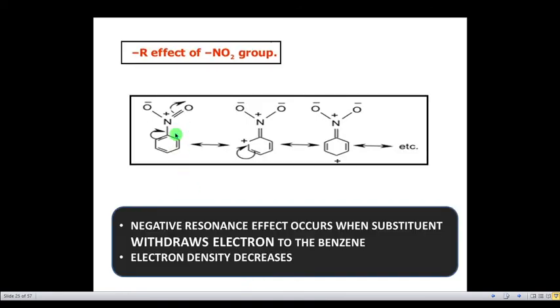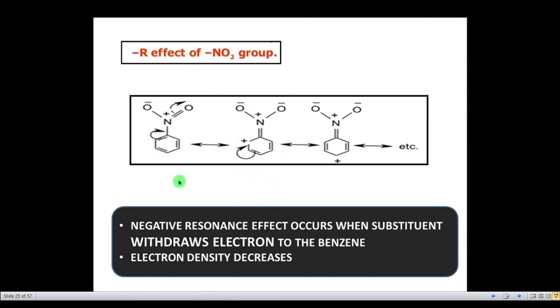In the case of a negative R effect, the electron density decreases, that means it gains a positive charge. So if you write the entire resonance structures of the benzene ring and the positive charge is on the ring system, it implies the minus R effect. Reversely, if a positive charge is there, it is a negative R effect. If a negative charge is there, it is a plus R effect. You should remember that.